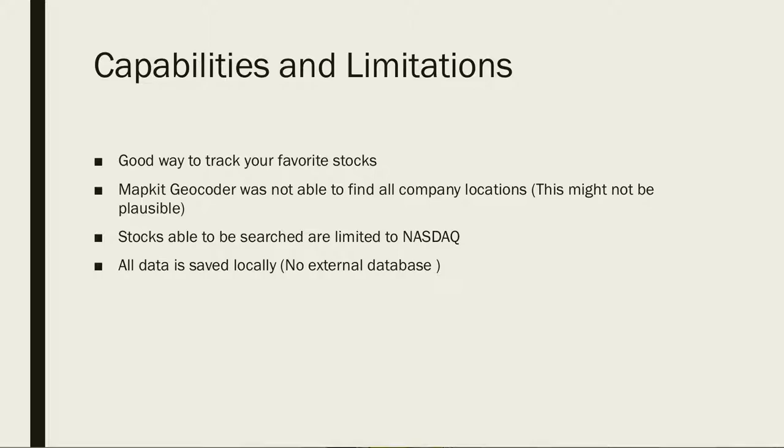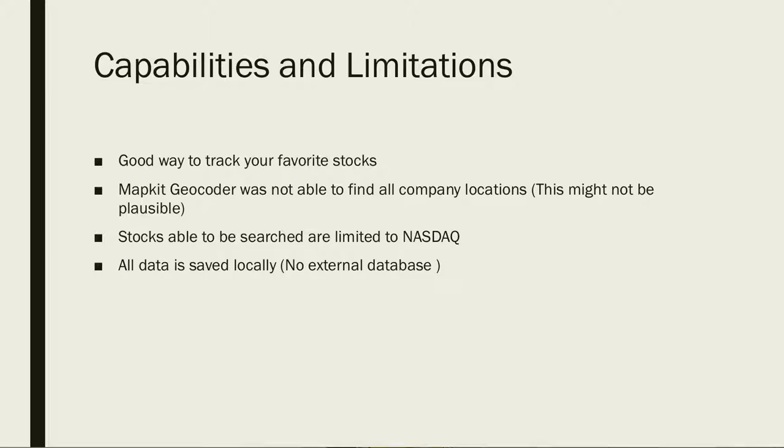And then some of the limitations of this app are that the MapKit geocoder was not able to find all company locations. This might not even be possible, as not all companies have a physical location, or the geocoder isn't perfect and might not be able to find every instance, right? So that's definitely a limitation.